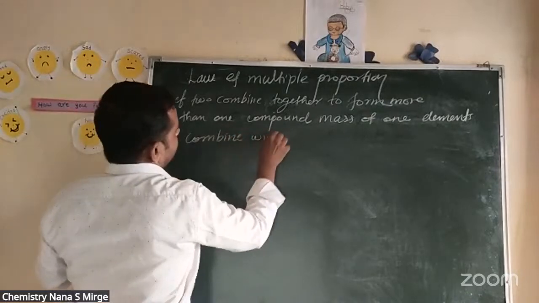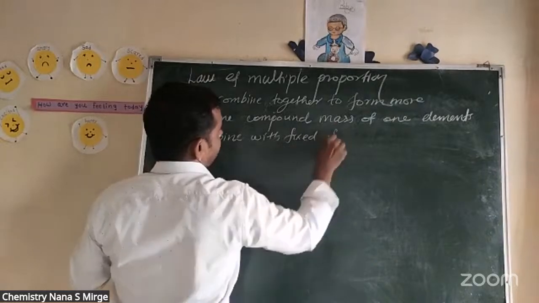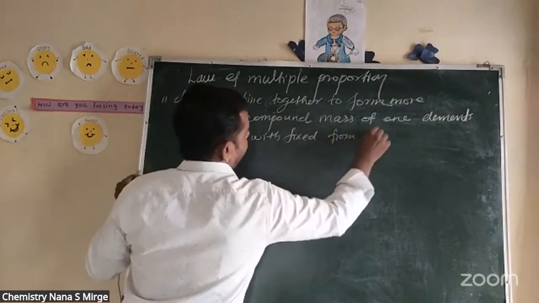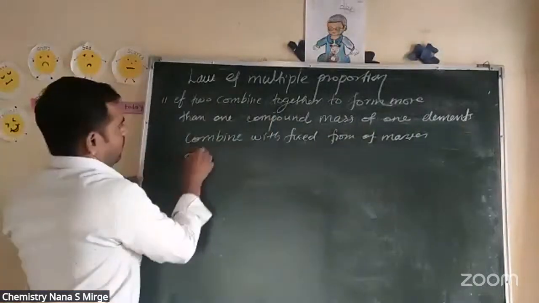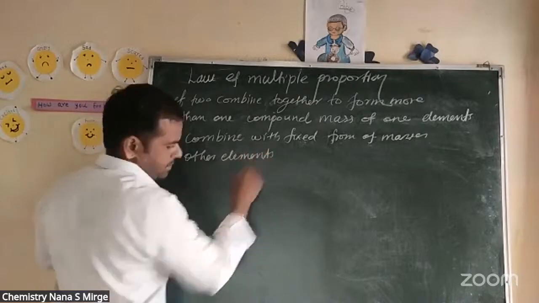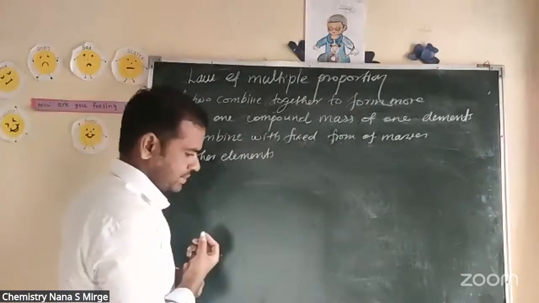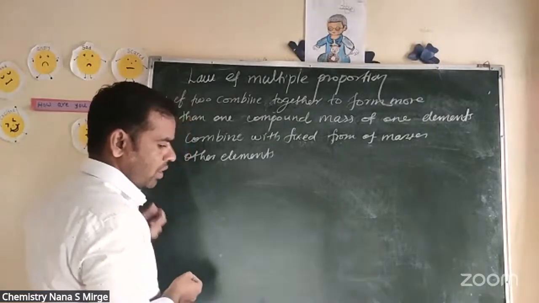of the other elements are in the ratio of small whole numbers.